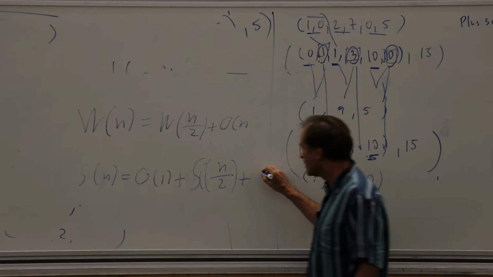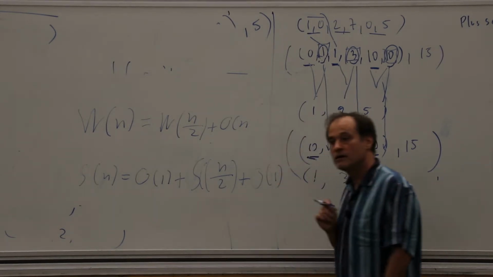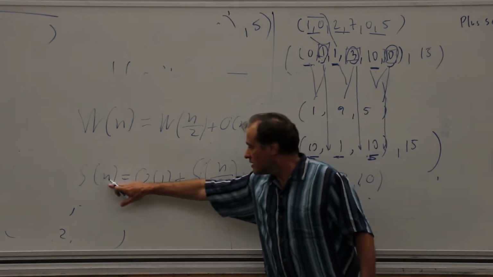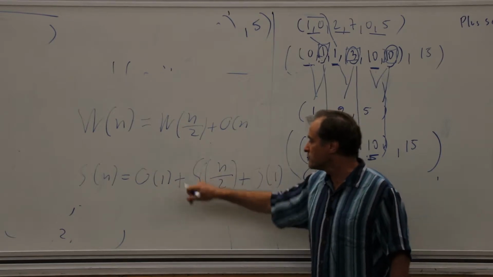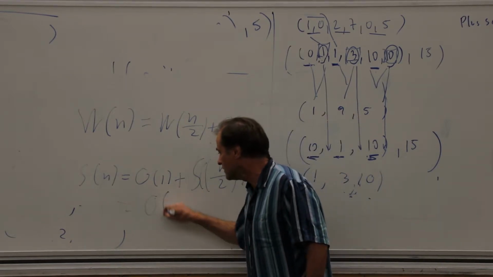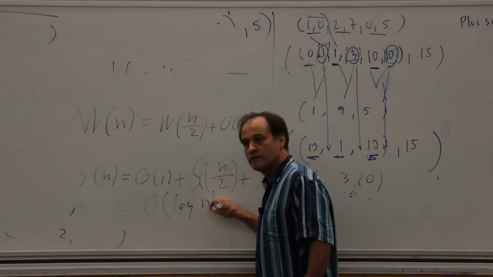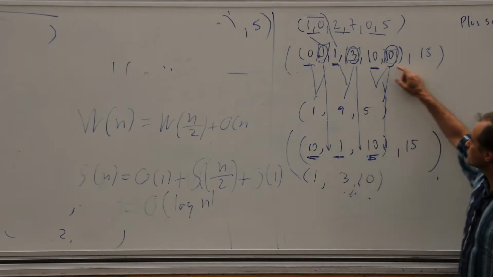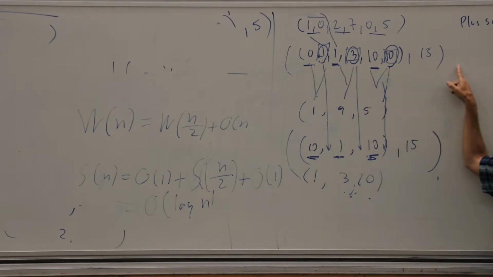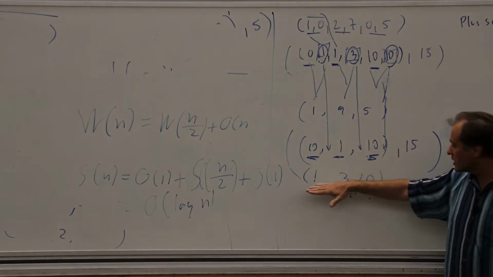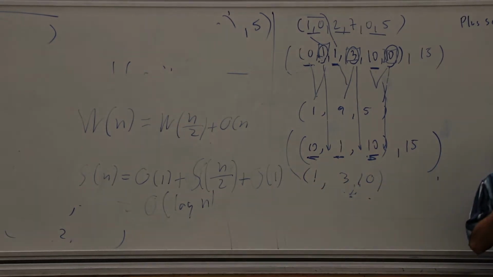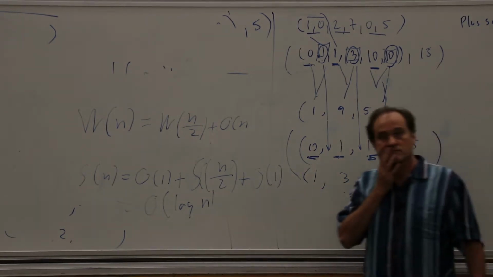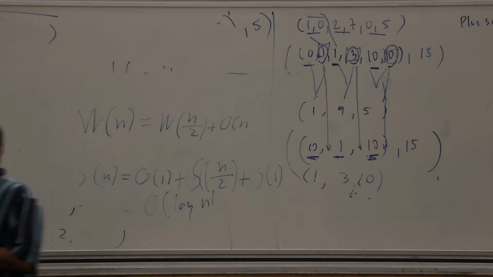But that's another order 1. So this is s of n equals s of n over 2 plus order 1. This solves to order log n. So it's fine that those are done sequentially, because the parallelism comes from the fact that I'm doing all the additions in parallel. And also when I generate these, I do all those in parallel. So at the end of the day, I get linear work and logarithmic span.